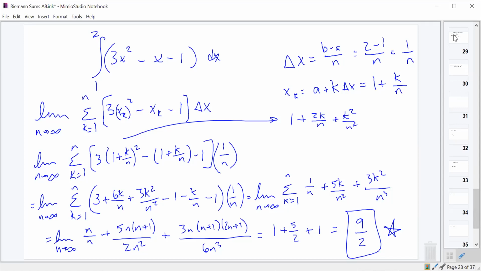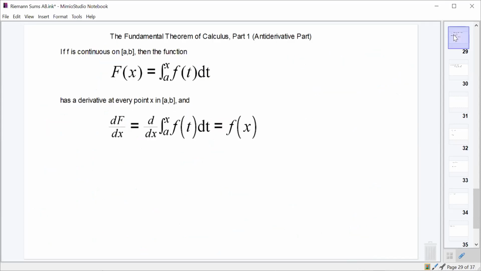All right, let's start talking about some new stuff. So we're going to get into, rather than just an area underneath the curve, what an integral is all about, and start thinking about some easier ways to find integrals. And in order to do that, we have to talk about this thing called the fundamental theorem of calculus.